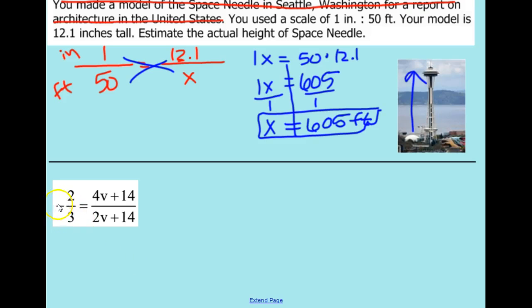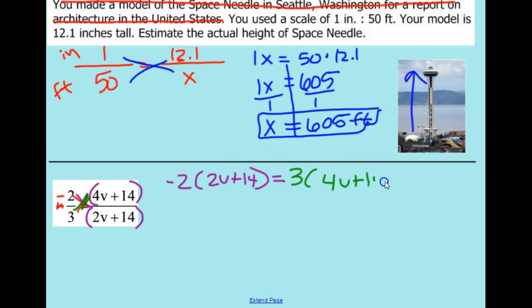On this next one, make sure your negative goes with either the 2 or the 3, not both. So when we cross multiply on this one, we need to make sure that if we have addition or subtraction, that stays together. So negative 2 times 2v plus 14, is that equal to the other cross over here, 3 times 4v plus 14.